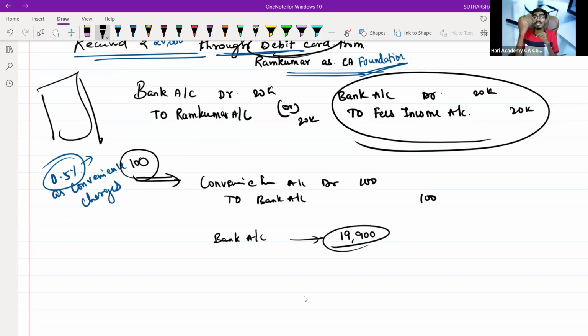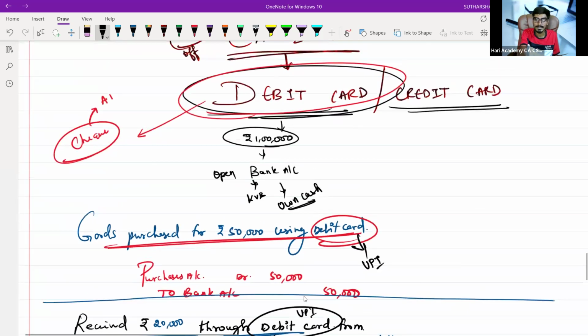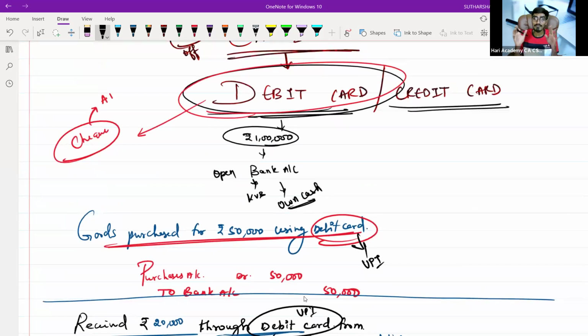I may not enjoy the entire 20,000 rupees. Are you able to understand this debit card transaction? Whenever we make a payment, our bank balance will decrease. Whenever we receive a payment through a debit card, our bank balance increases.